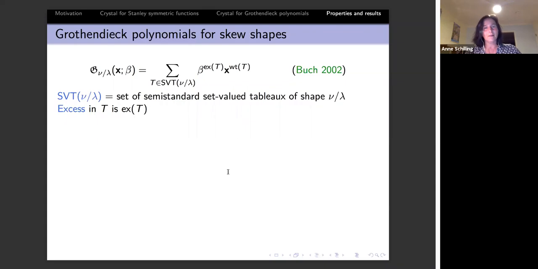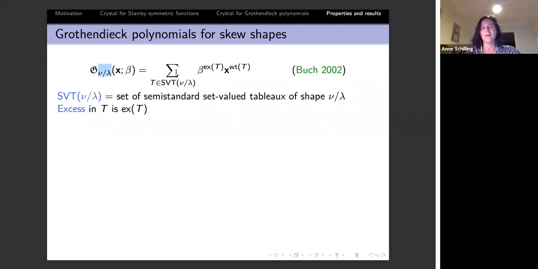To do that, I first want to talk a little bit about a special case of these stable Grothendieck polynomials, namely the ones indexed by skew shapes. Before we were talking about sigma_w, and now we are labeling them by skew shapes.